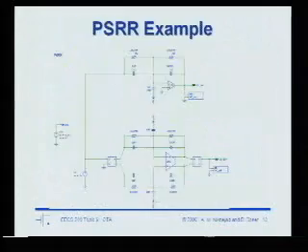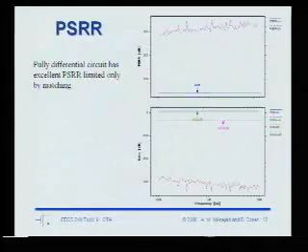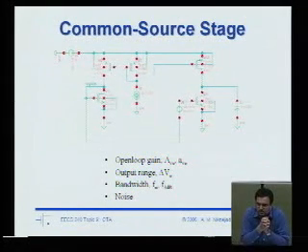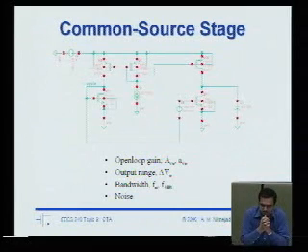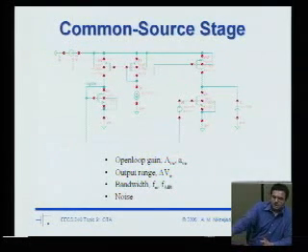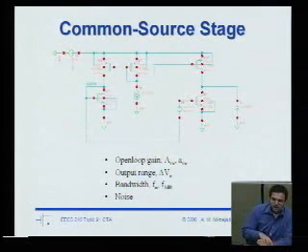I just wanted to show you some simulation results on a simple common source amplifier. By now, we've talked about this so much that everything you see here is going to be pretty obvious, but there are a couple of things I want to point out. First of all, this is a common source stage. You might ask, we just talked about all these great differential circuits, why go back to the common source?